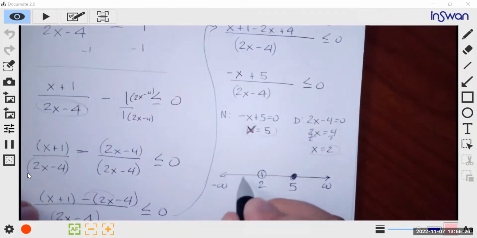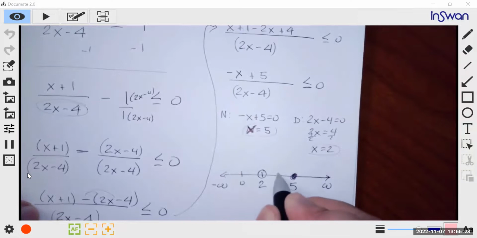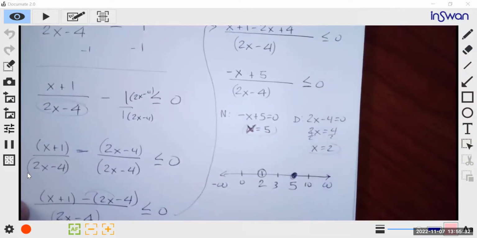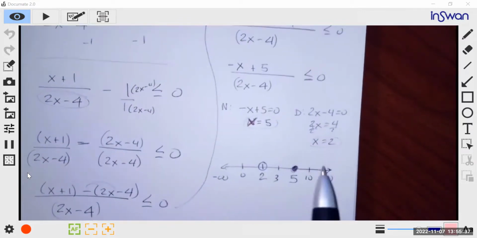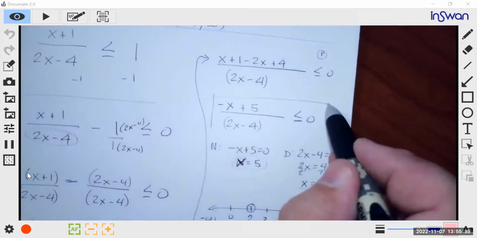Now let's pick some values: 0, 3, 10. We're going to be using this equation.